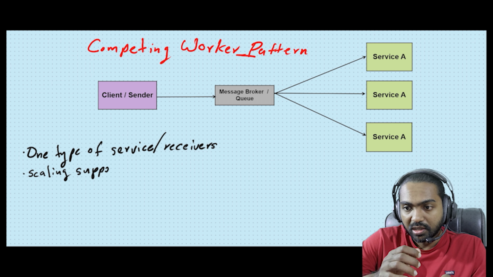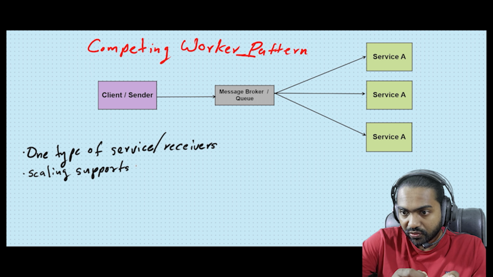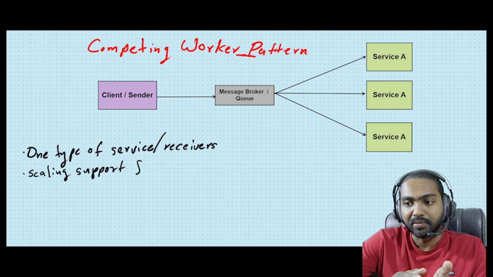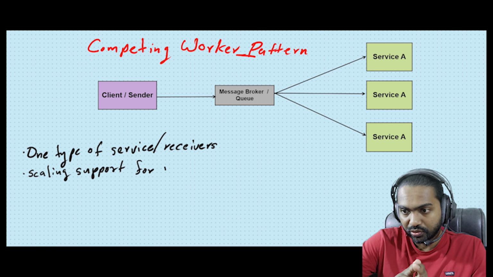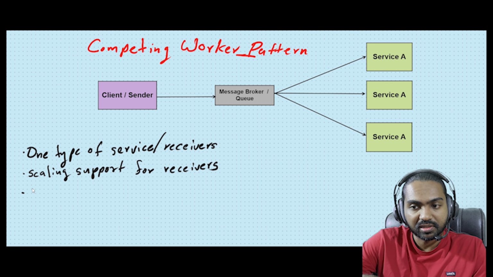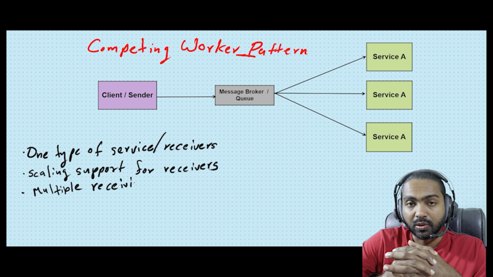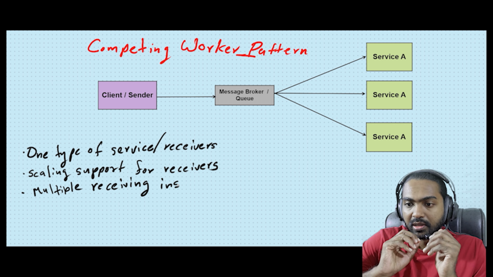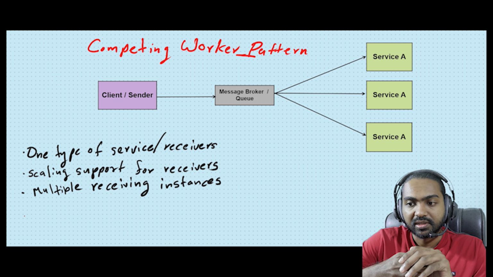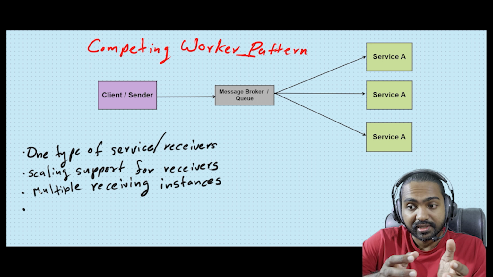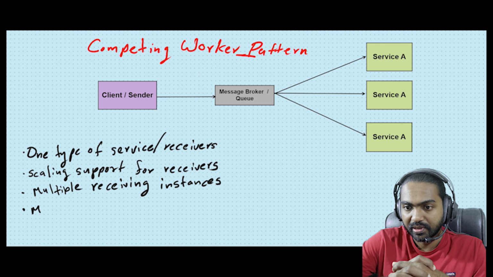Therefore, this is suitable for microservices that can scale in and out based on the load. Multiple instances of the same receiver or the service compete to listen to the messages. To respond to the messages and load spikes, the receiving service can scale in and out.